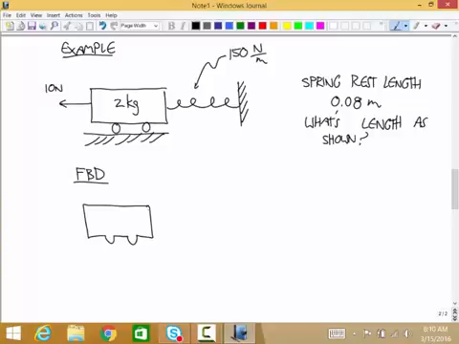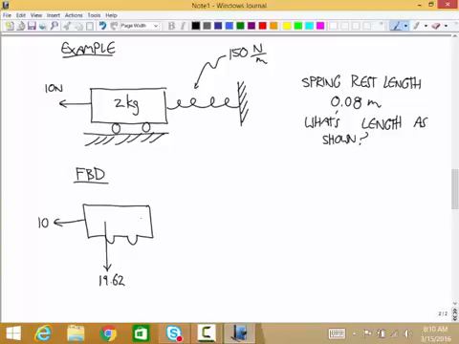Let's go in order, though. So first one is weight. So 2 times 9.81, that's 19.62 down. Then we'll go around looking for contact, so the 10 Newton force, like you said.